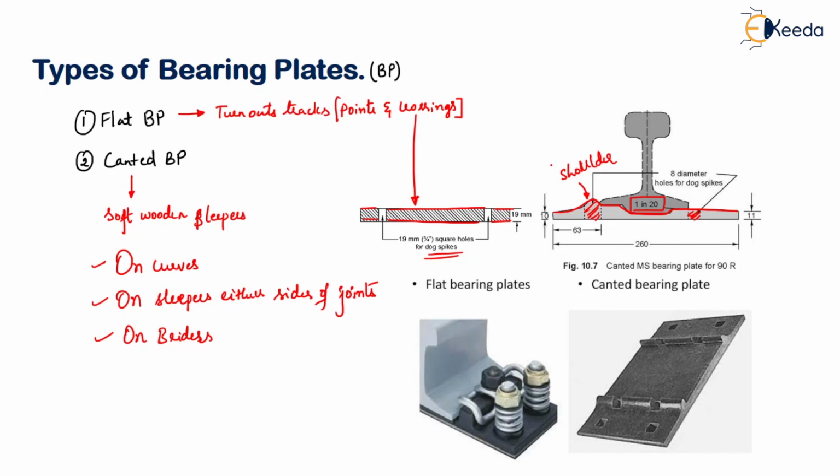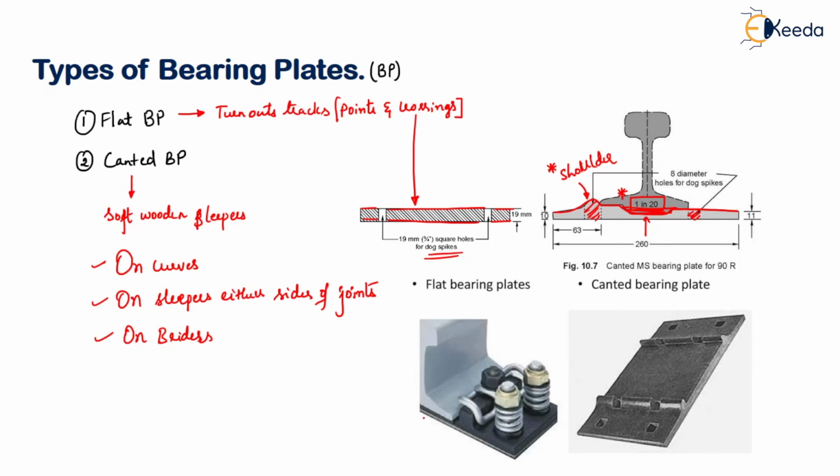On the outer side a shoulder is provided, and a slope of 1 in 20 is provided, so that your flat-footed rail is exactly kept in position with the tilt. Normally an inward slope is provided and a certain space or recess is provided in the middle of your rail seat. So this recess is nothing but some space. This space is provided to prevent the rocking of the rail in the seat. So these are the features of your canted bearing plate.